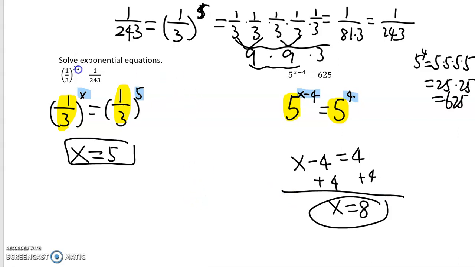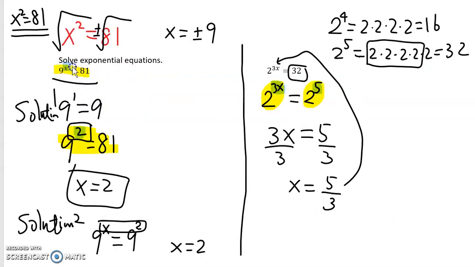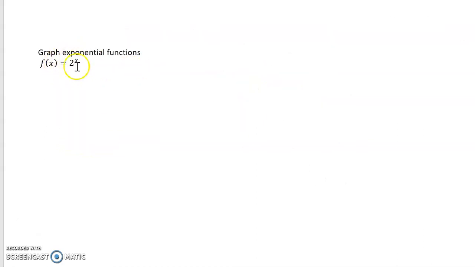Okay, so the left-hand side, as we can see from those examples, 9 to the x or 2 to some exponent, this expression, we call it an exponential function.